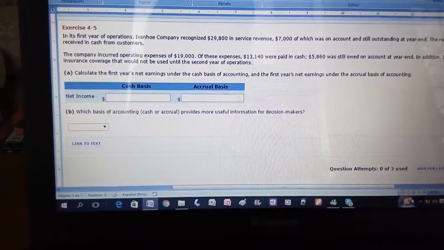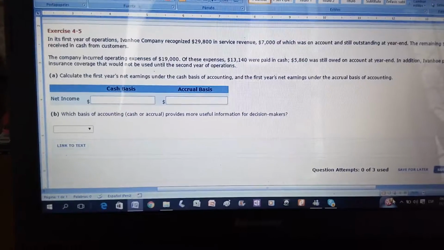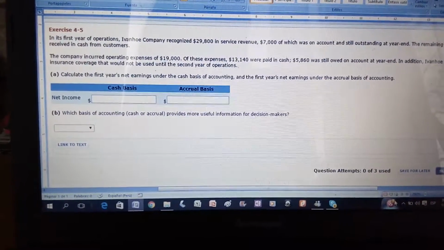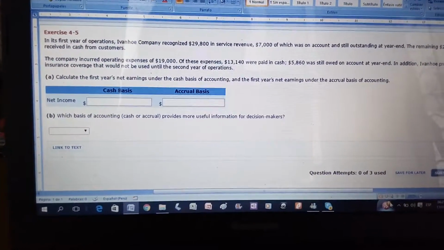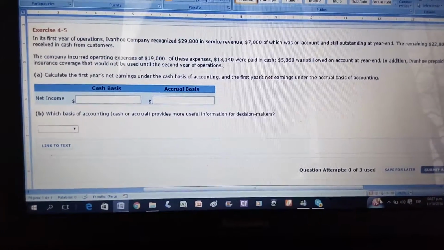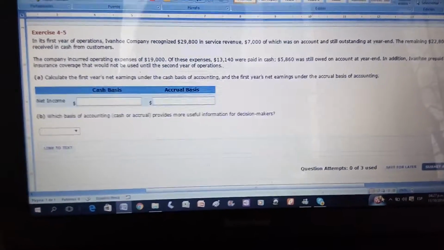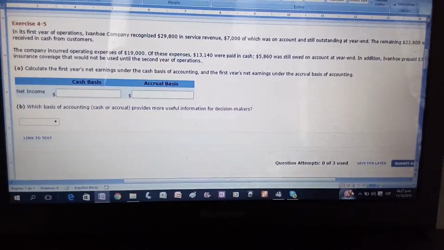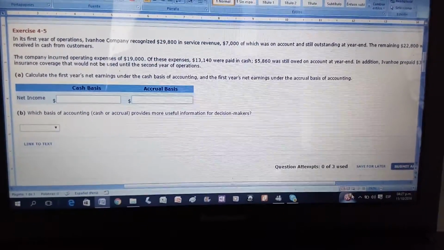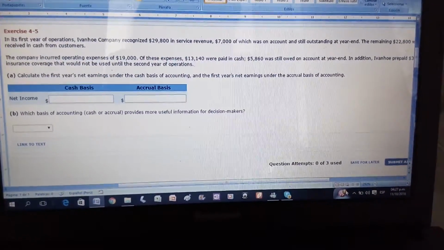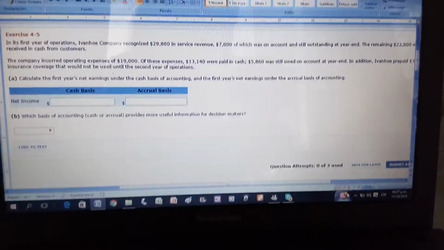Okay, the exercise I have to explain to you is exercise 5, chapter 4. In this first year of operations, Ivanhoe Company recognized 29,800,000 in service revenue.